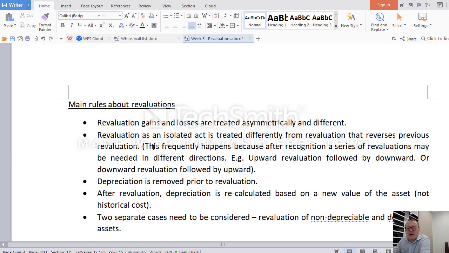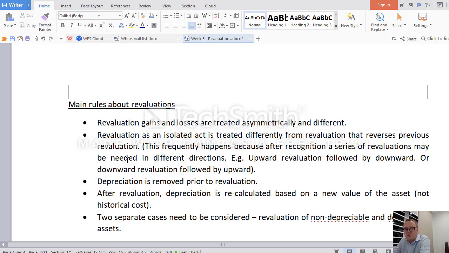Okay. Then the rules would be somewhat different if the revaluation is an isolated act, or if this revaluation reverses a previous revaluation. What does it mean, reverses previous revaluation? For example, you did an upward revaluation initially, but then you do a downward revaluation that partly reverses the previous upward revaluation, or the opposite.